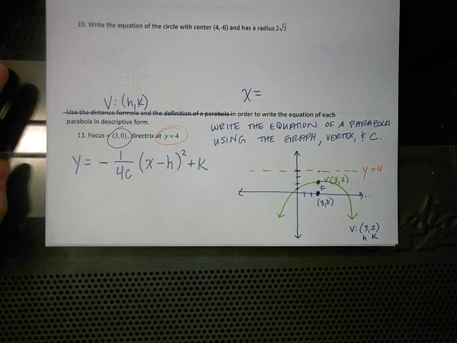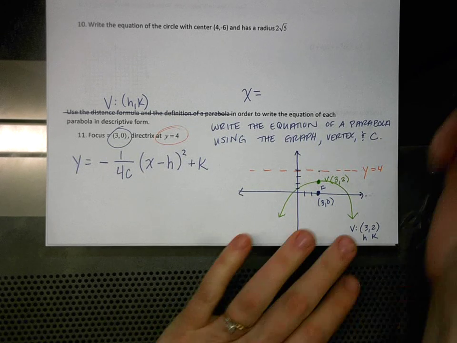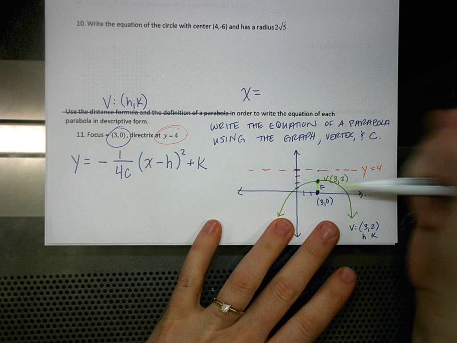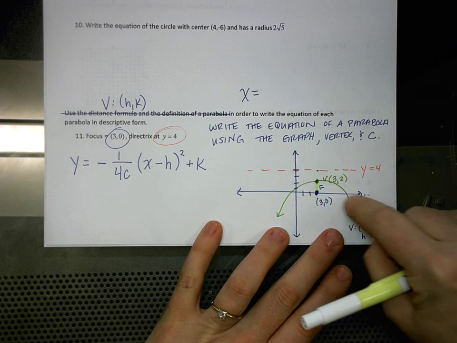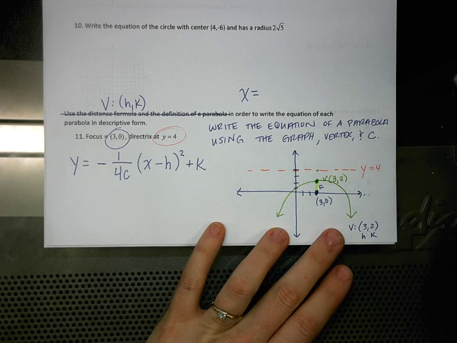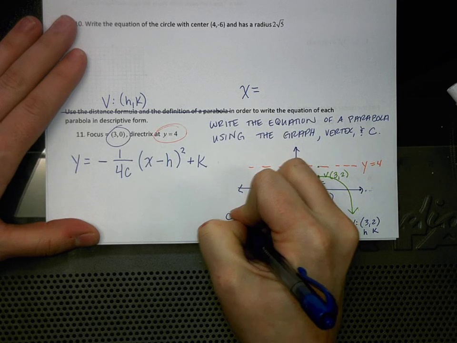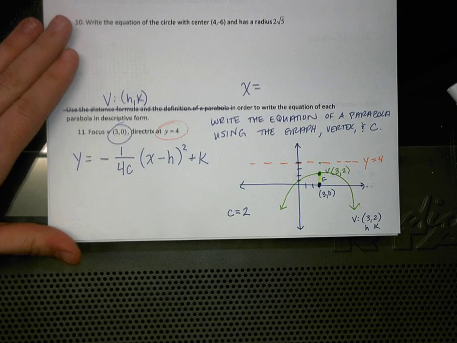You must know where to find c and what it represents. C is the distance from our vertex to our focus. So this distance between these 2 points, from 3, 0 to 3, 2, is a distance of 2 apart. So C is the distance between the vertex and the focus, which is 2.